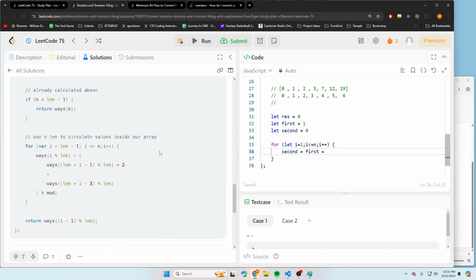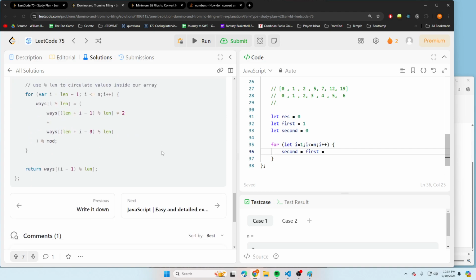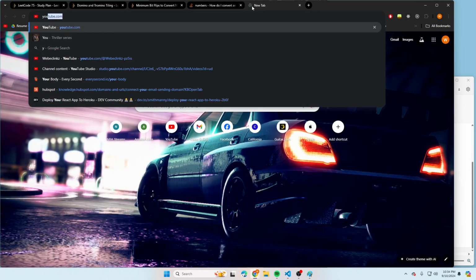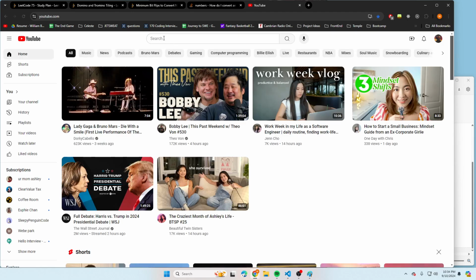Oh my god, I really am not having fun with dynamic programming. Okay, I'm not going to solve this. I'm going to find a way someone can explain to me what dynamic programming is.